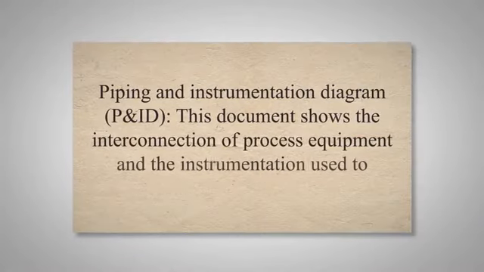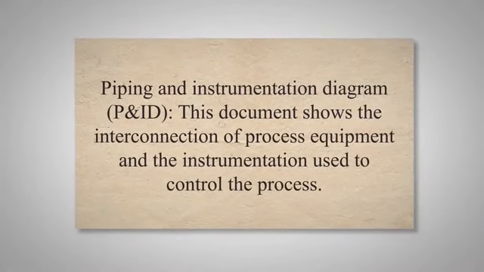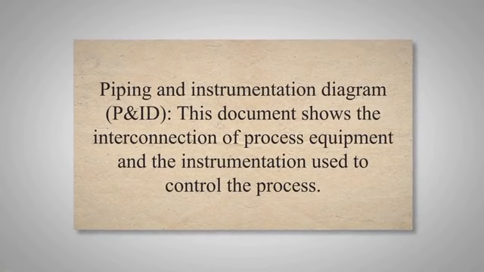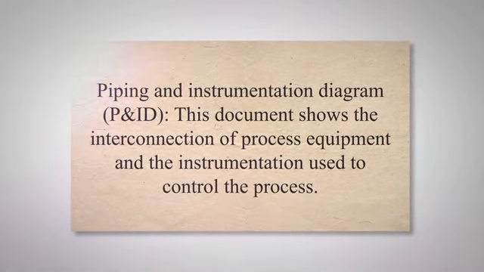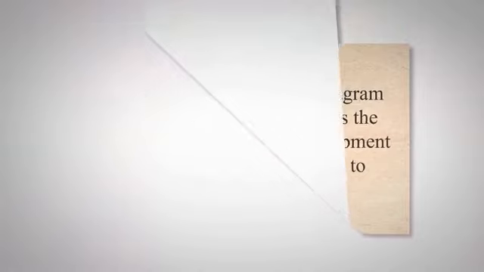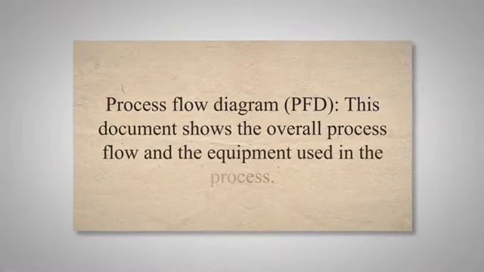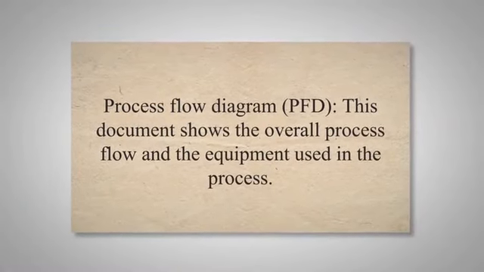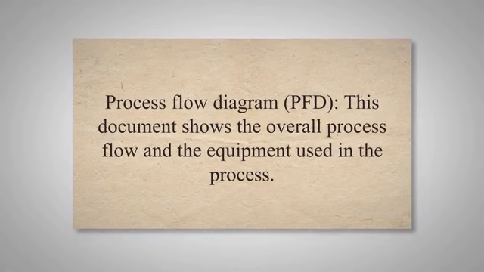Piping and Instrumentation Diagram, P&ID. This document shows the interconnection of process equipment and the instrumentation used to control the process. Process Flow Diagram, PFD. This document shows the overall process flow and the equipment used in the process.